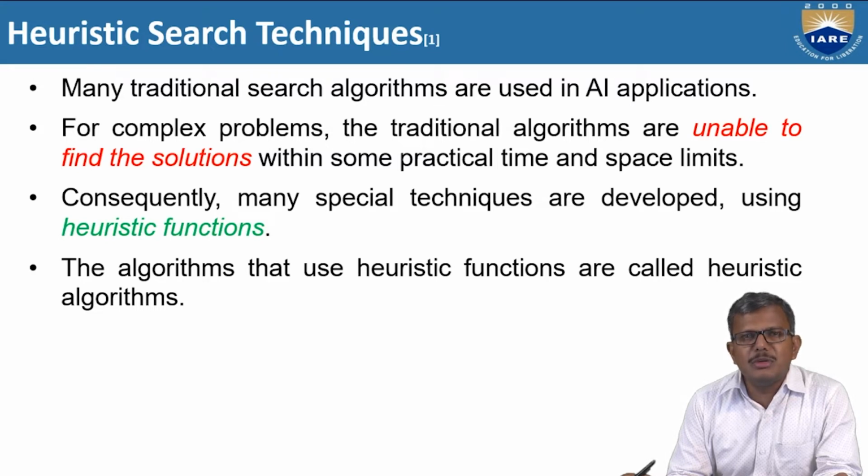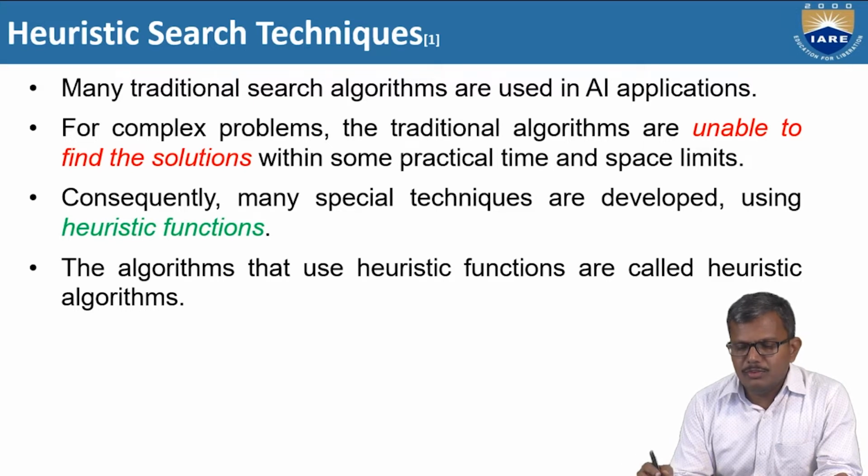Each and every problem has its own complexity, because artificial intelligence programs deal with real problems. So when you implement traditional search techniques, it is very difficult to get the solutions. So we are trying to identify an alternative, a very good technique which we can implement in our search process to get the solutions within a shorter period of time.